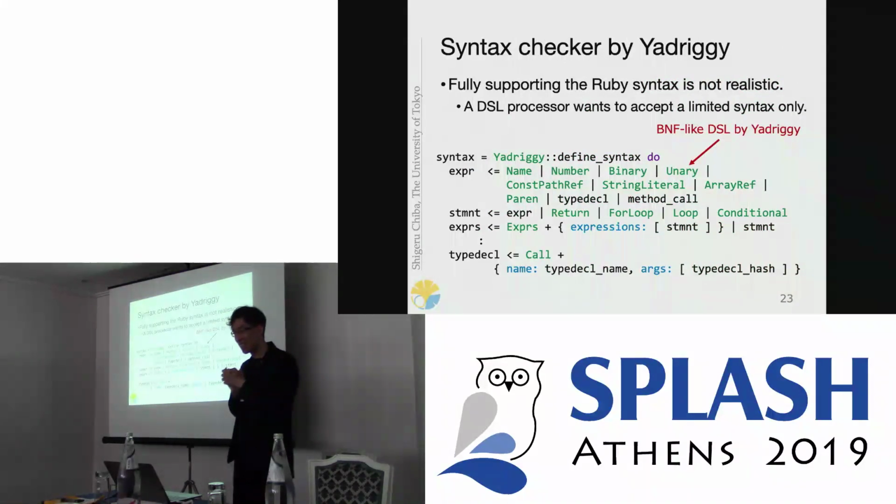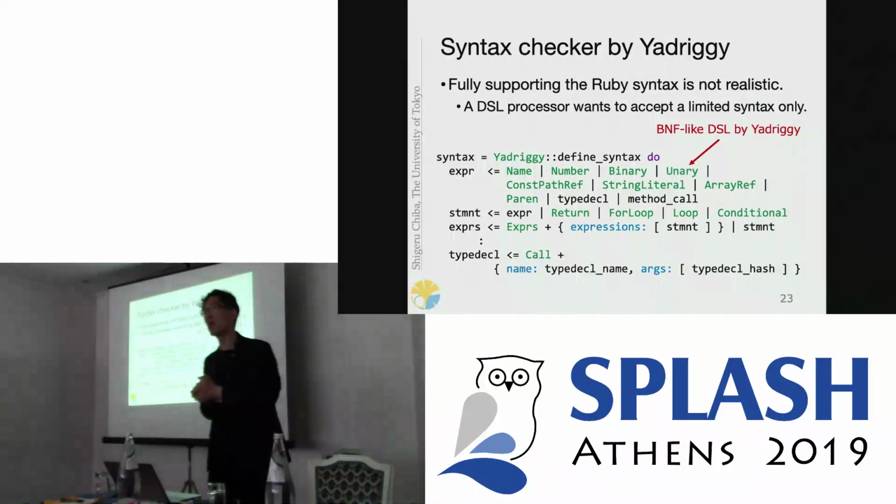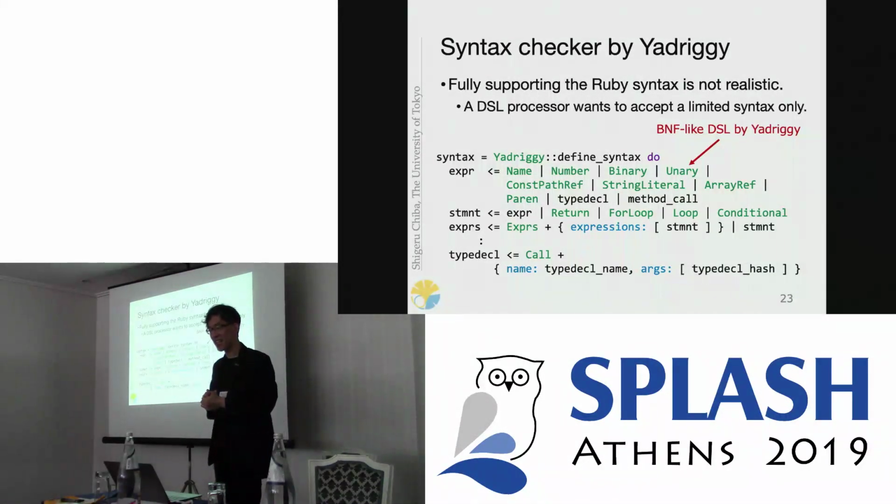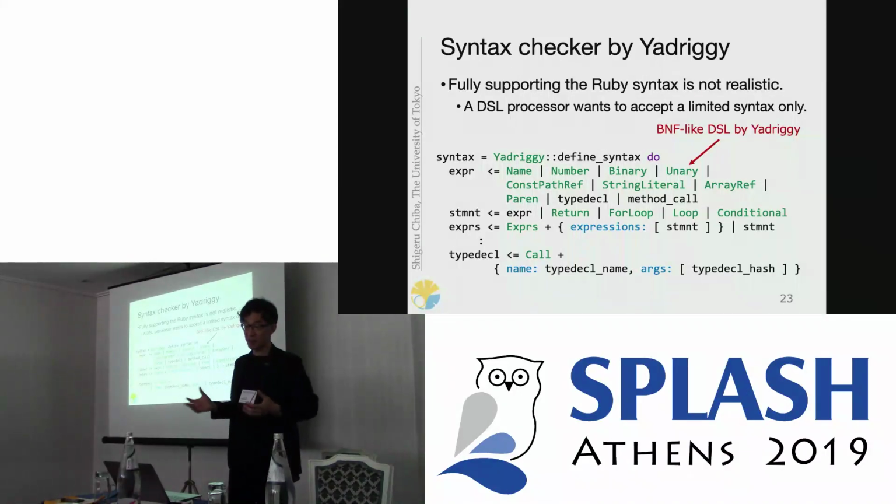My last slide. From the implementation viewpoint, I think one of the best things about my Yadorigi framework is that it provides a syntax checker. Because in this approach, we reuse Ruby syntax, and Ruby has a very flexible syntax, so the generated abstract syntax tree is potentially very complicated.